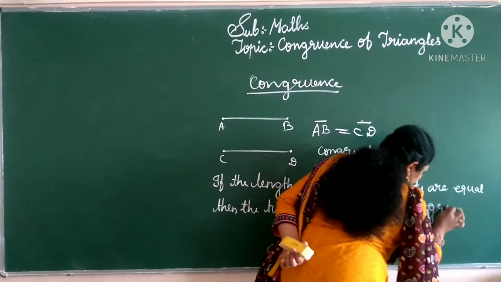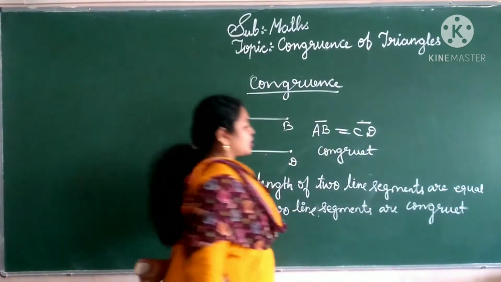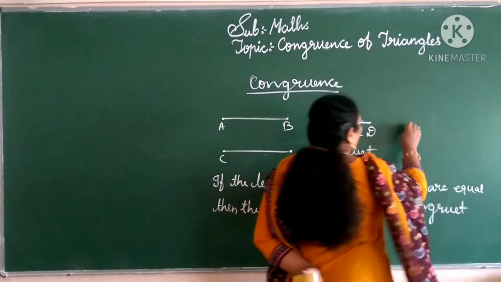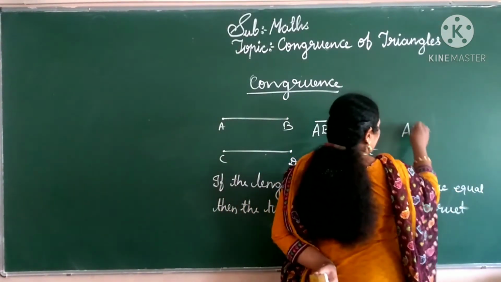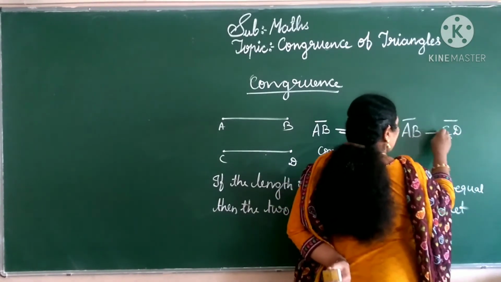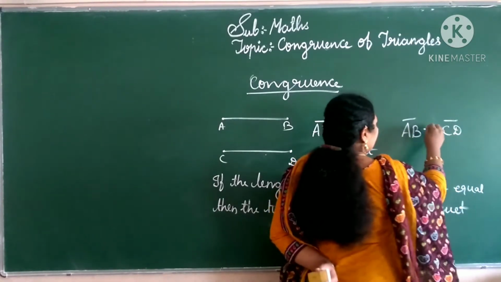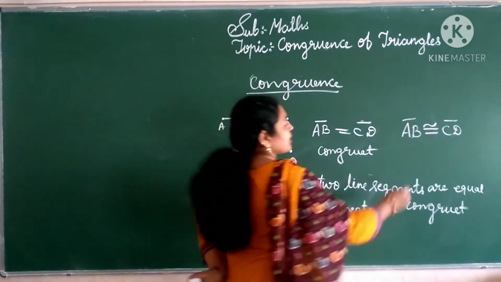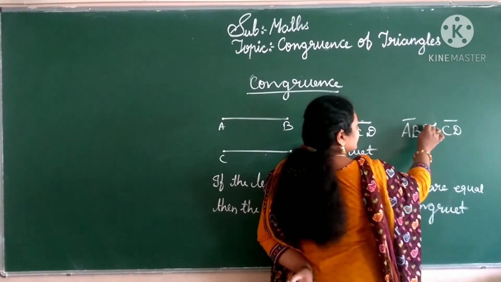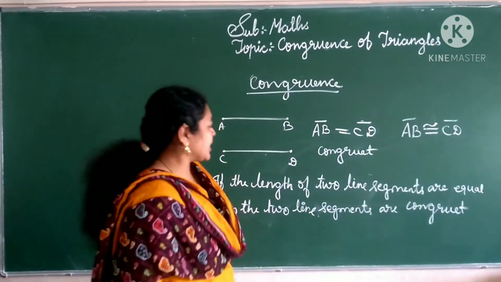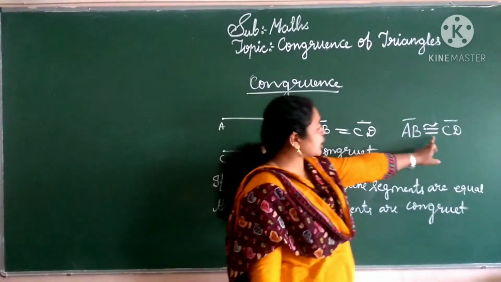And we write congruence like this: AB, CD, with an equal sign and a tilde on top, that is called congruent. This is equal and this is congruent.